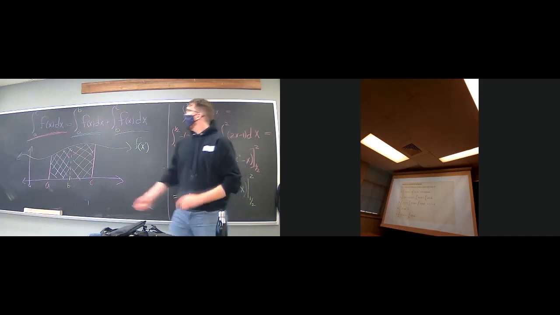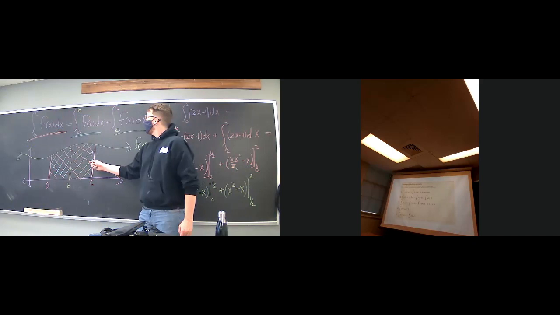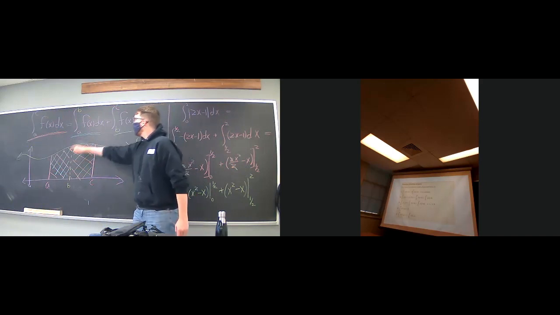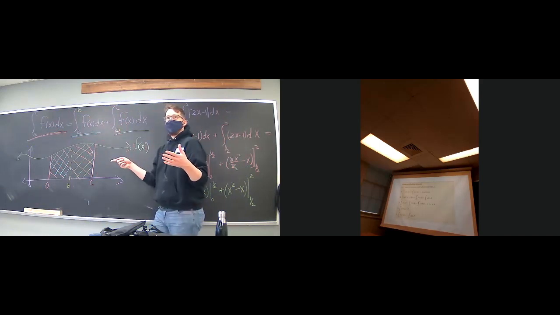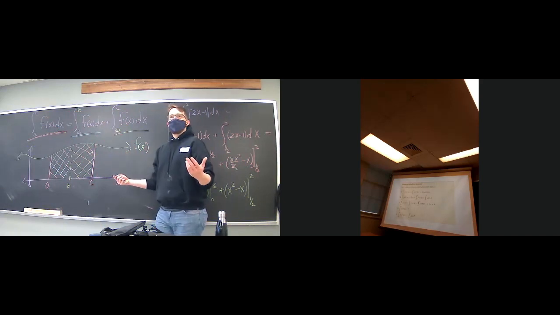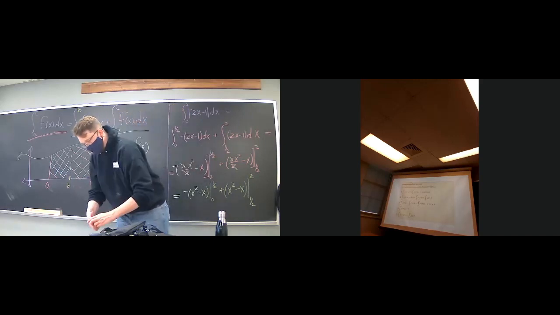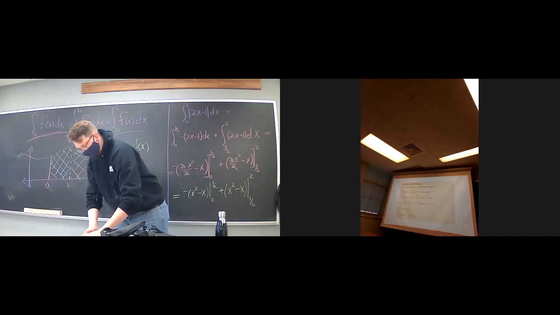So, since the integral from A to C tells us the entire area, we would expect this integral plus this integral to add up to that, right? So as a geometric interpretation, we can think of breaking up the integration as breaking up the area into two different parts. So it should add back up to be the same thing. Does that make sense to everybody at home? Folks at home, does that make sense?